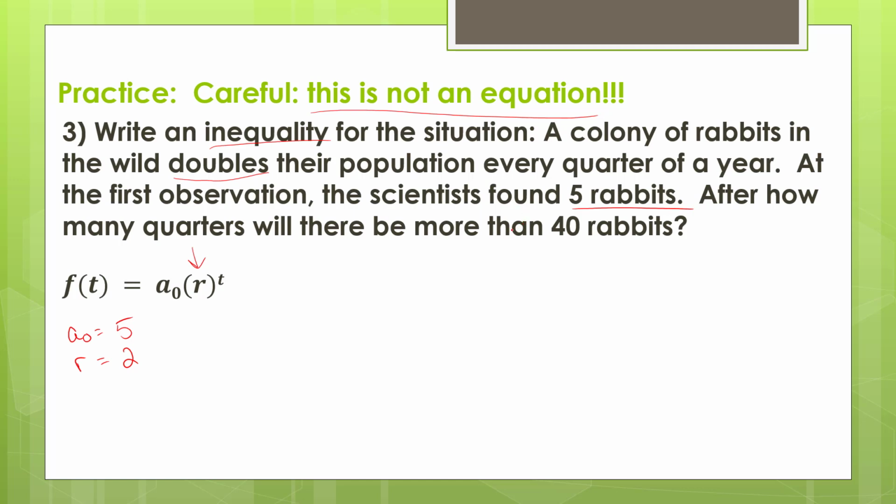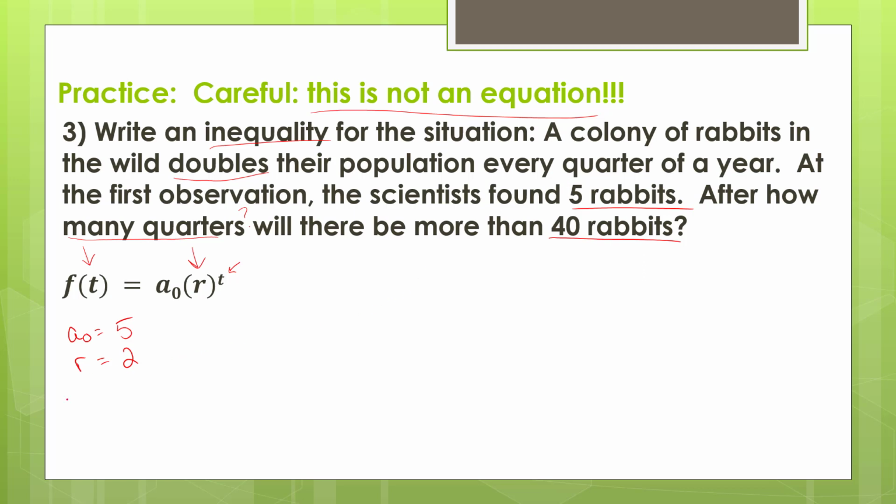After how many quarters will there be more than 40 rabbits? Well, how much time is passing? We don't know. That's the unknown there. Well, if that's the unknown, what are we going to do with the 40 rabbits? The 40 rabbits is actually the output. That's the solution. And it's the output with an unknown time.